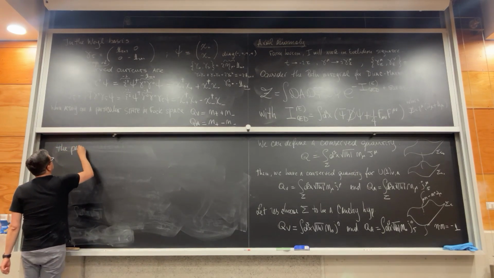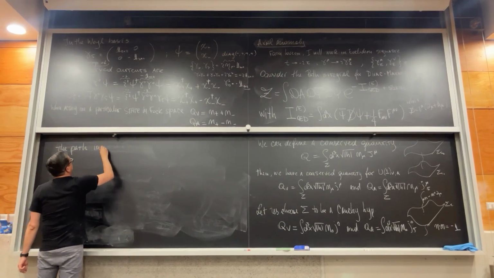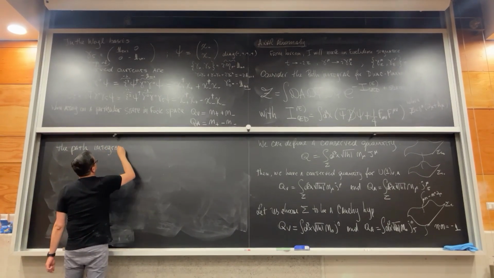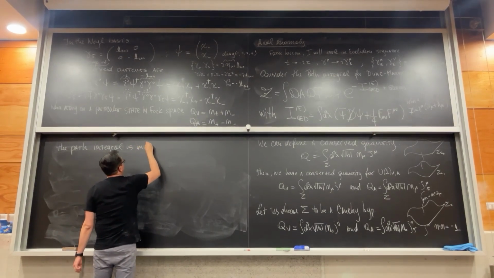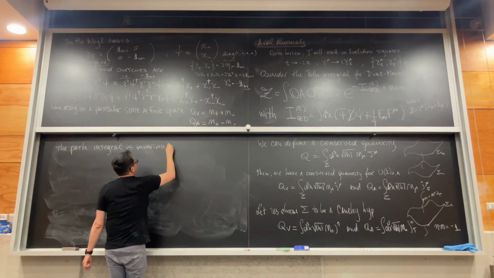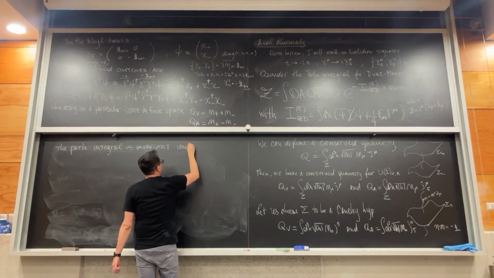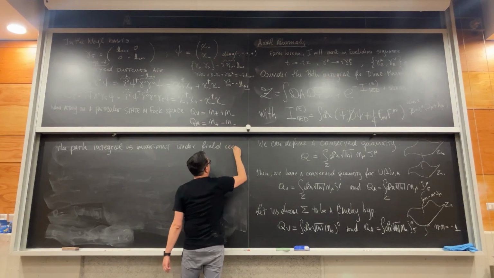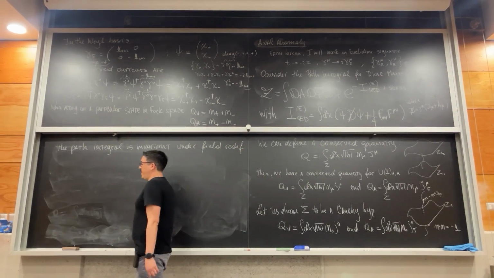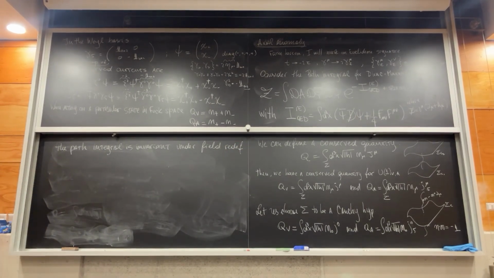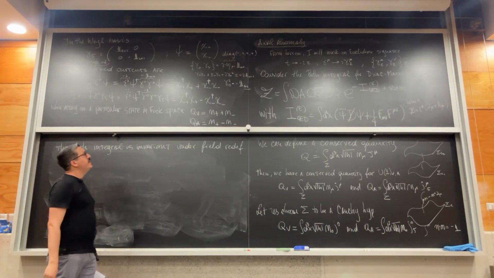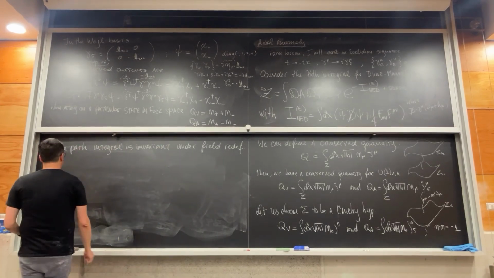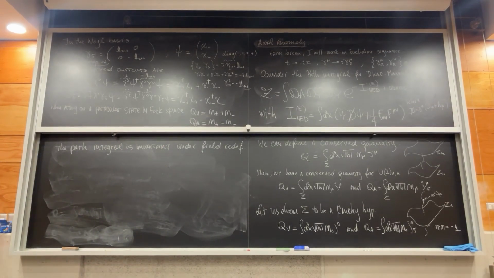the path integral is invariant under field redefinitions. And this is because we are integrating over all fields. So if I change my fields at some point, the measure will take into account my new field, so it should remain invariant under field redefinitions.